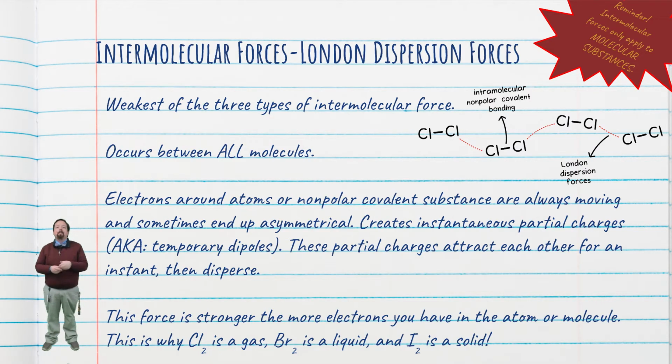For LDFs, partial charges are caused by those electrons moving around randomly and occasionally ending up lopsided or unequal and creating those temporary partial charges.